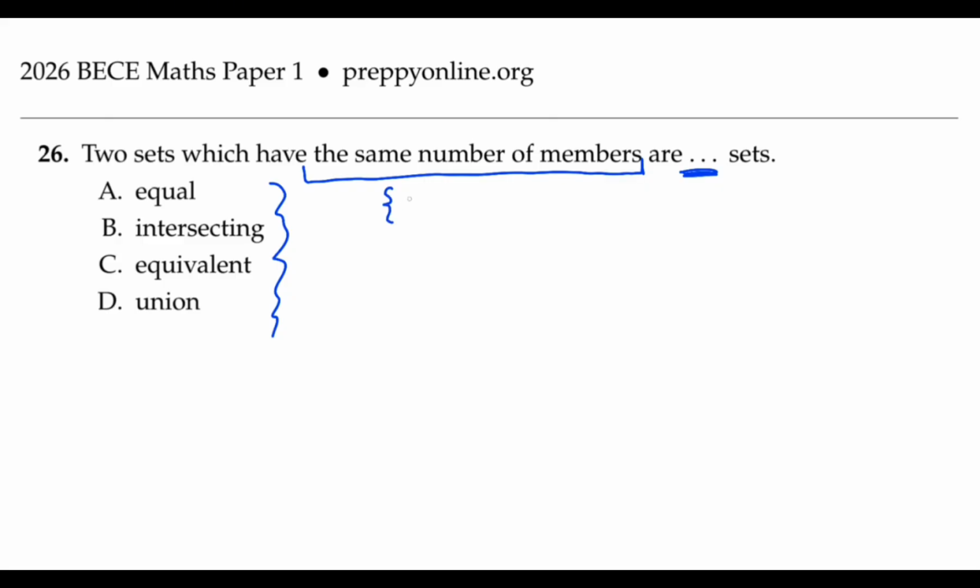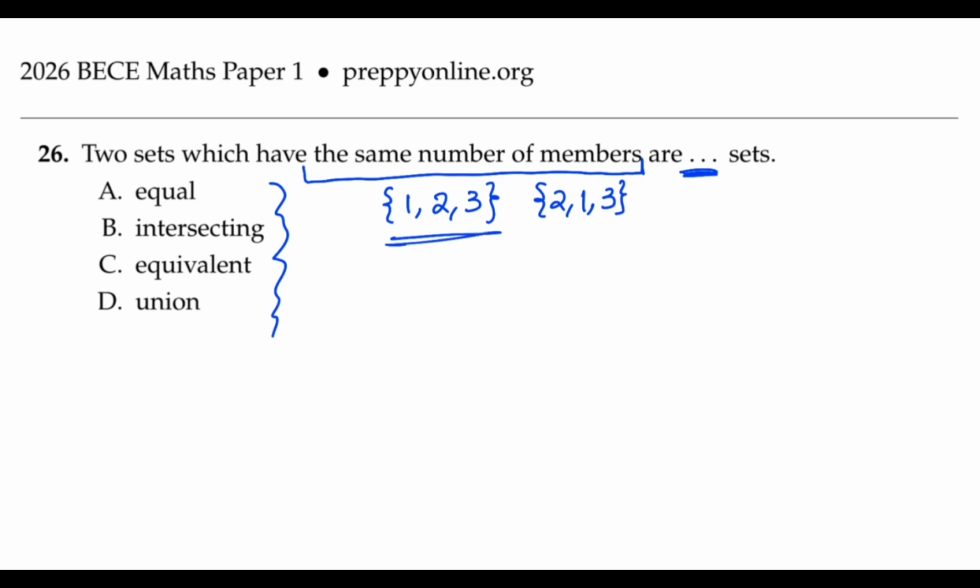So the set 1, 2, 3 is the same as the set 2, 1, 3. In a set, it doesn't matter the order in which you put the elements. So equal sets are sets that have the same elements. Of course, if they have the same elements, then they're also going to have the same number of elements. But the important thing about equal sets is that they have exactly the same members.